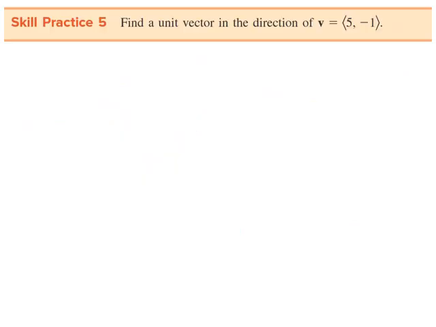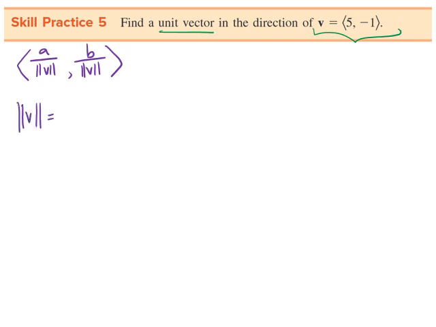Go ahead and pause this and find the unit vector here in the direction of vector v. Okay, so in order to do this, what we need to do is find A over the magnitude of v and B over the magnitude of v. So first things first is we need to find the magnitude of v. So I do that by finding the square root of the horizontal component plus the vertical component, each of those squared.